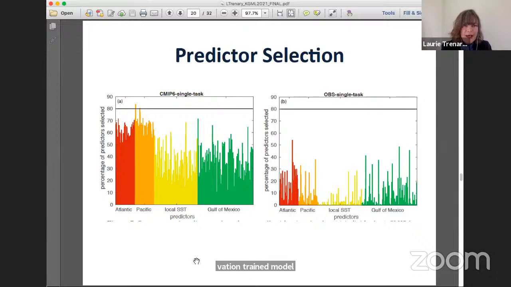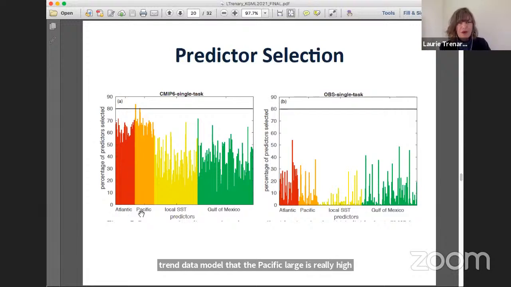You can see that for the CMIP6 trained model, the Pacific really has a large number of those single predictive models selecting some of the predictors from the Pacific, and to a lesser extent, the Atlantic.